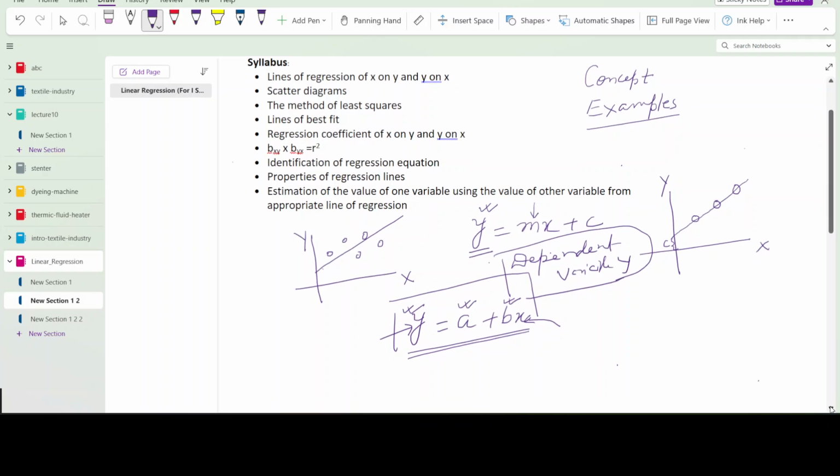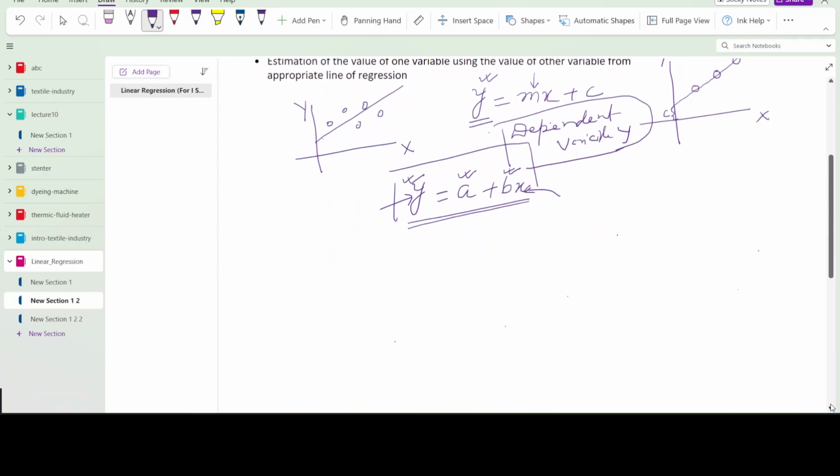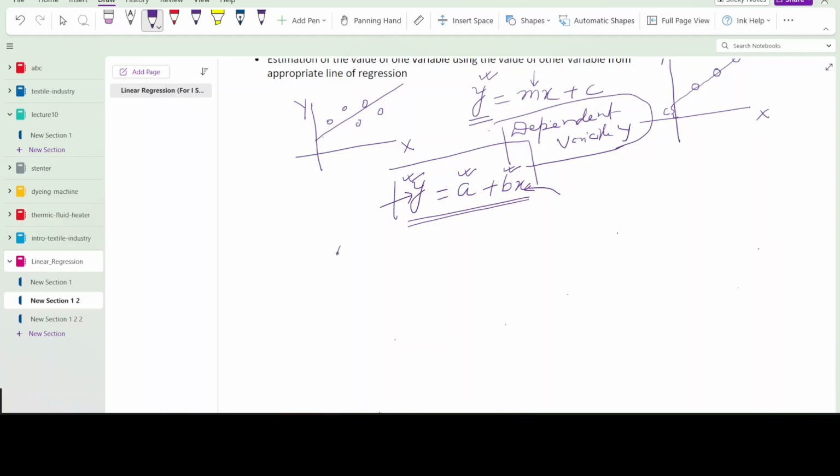Now, the natural question is, what is the use of regression? Why do we do regression?